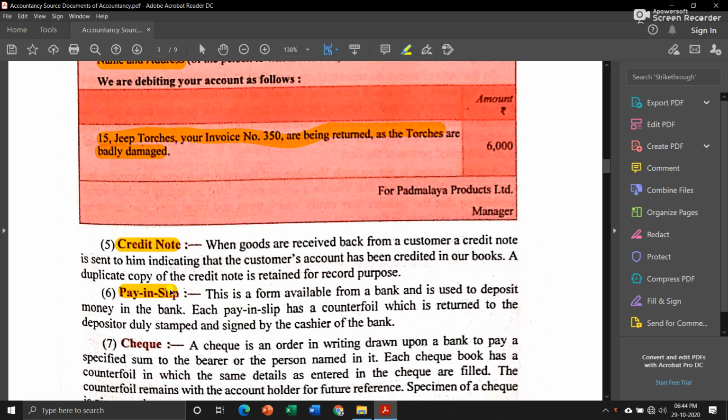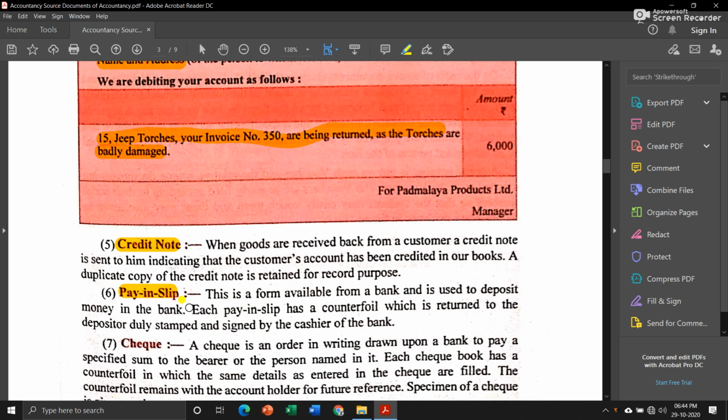Then next is pay in slip. This is a form available from a bank and is used to deposit money in the bank. If you have ever been to a bank for depositing money, the small slip that you fill up while depositing money is known as a pay in slip.